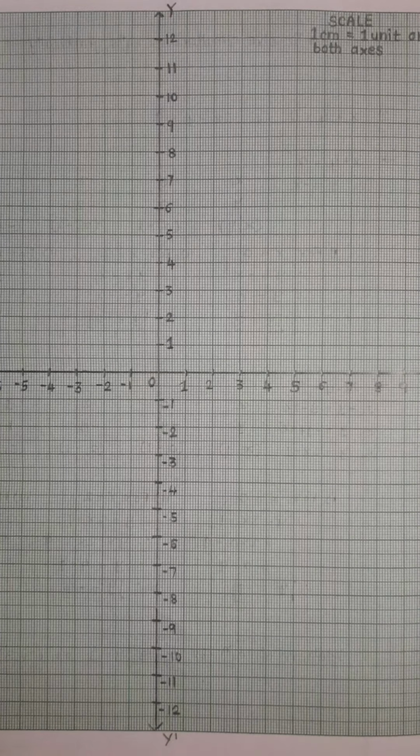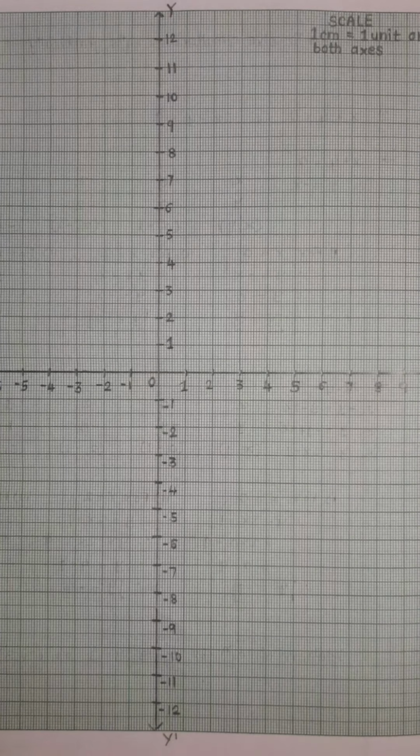We get here y is equal to x minus 4. Now we have to write x here, y here, and then the ordered pair (x, y). Now we have to take values of x and from that find the value of y. For x, suppose we take x is equal to 0.